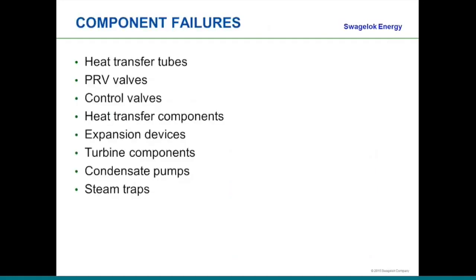Component failure: heat transfer tubes. We have tube failure, we're always plugging tubes. PRV valve failures. Pressure reducing valves should have 6 years minimum operation without any problem. But you have to remember, a lot of pressure reducing valves will go into critical operation.